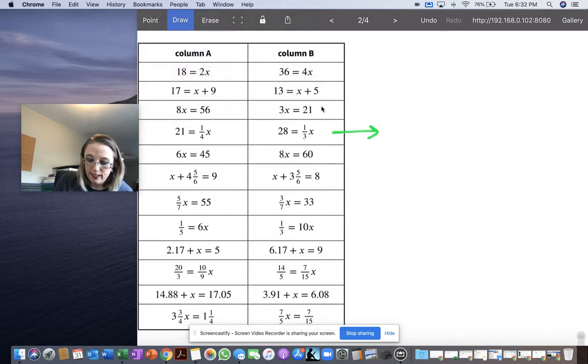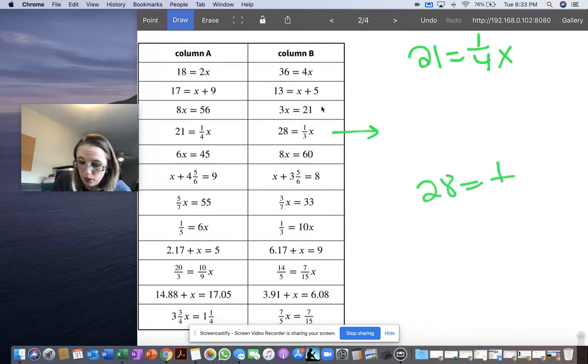Okay, next one, 21 equals 1/4 x, and 28 equals 1/3 x. Okay, I know they're fractions. Jillian, they're not that scary. You got this. So this is held, again, by multiplication. So you're going to divide by 1/4, divide by 1/4.